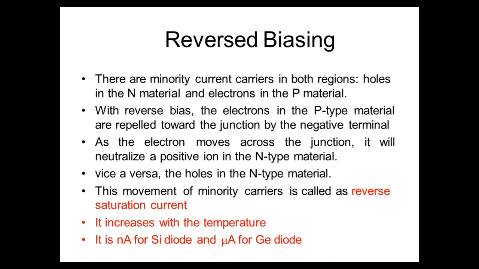Usually for silicon it will be in the nanoampere range, and for a germanium diode it will be in the microampere range. That's why silicon is always preferred when compared to germanium for most semiconductor applications.